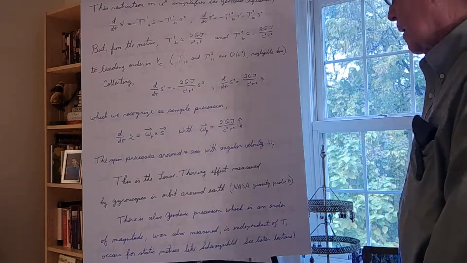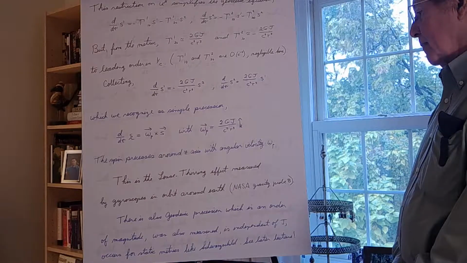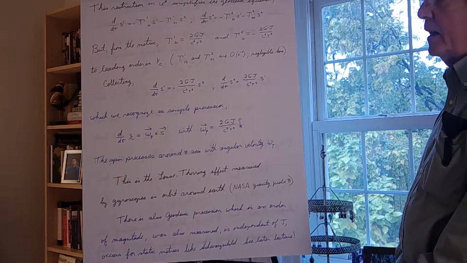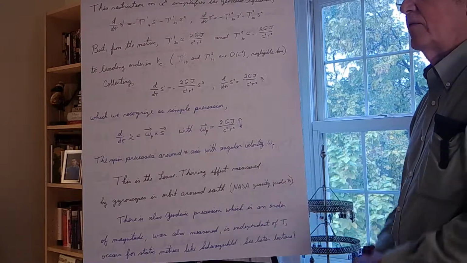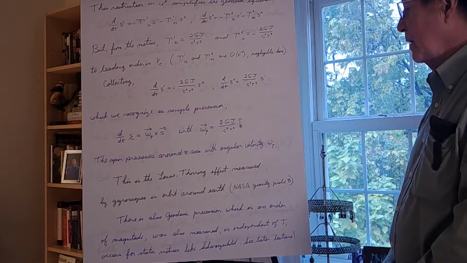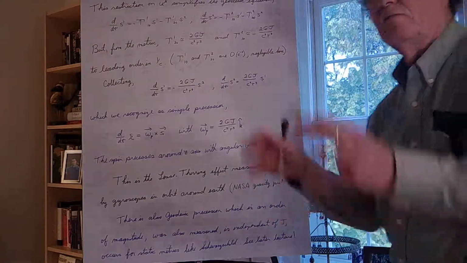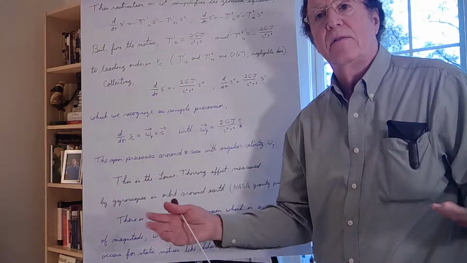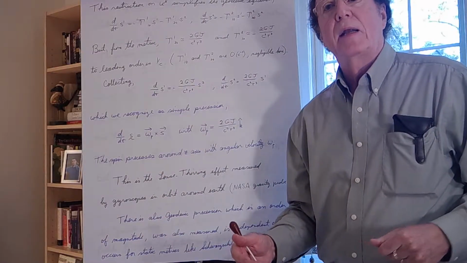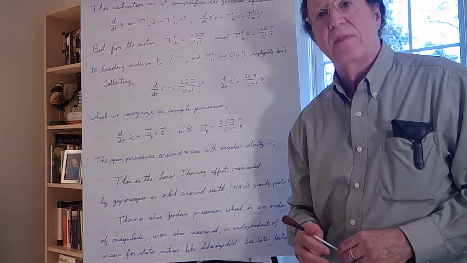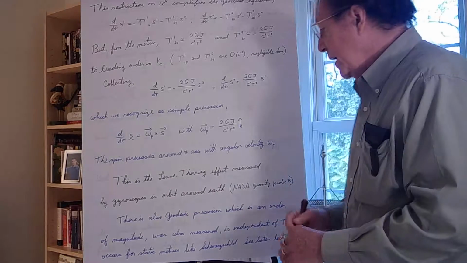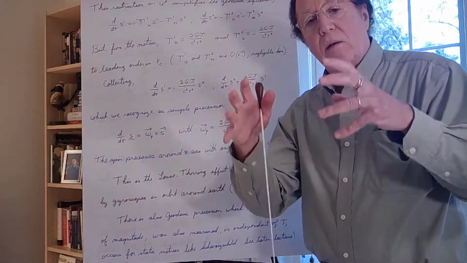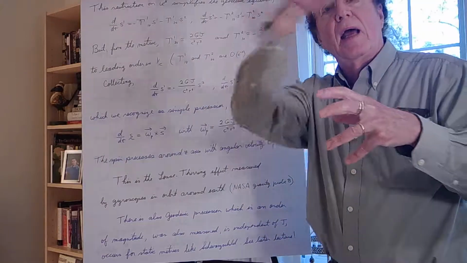There are other precessions that you can find in general relativity. This one is special for rotating stars, and it's a linear effect, not a nonlinear general relativity effect. But we could take a star which is not rotating and orbit a gyroscope around it.